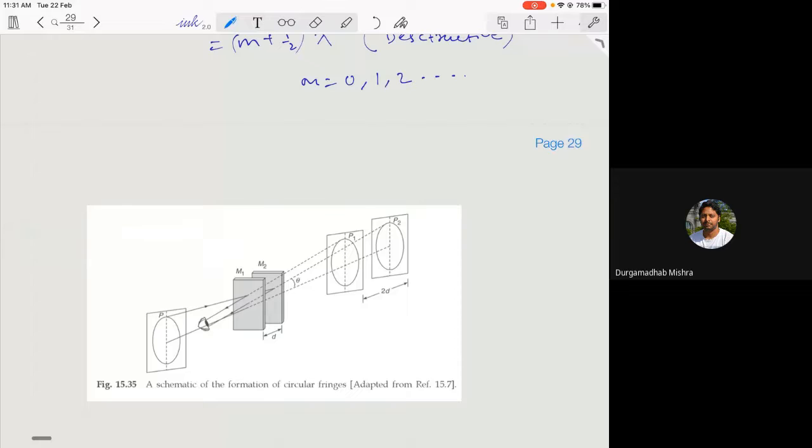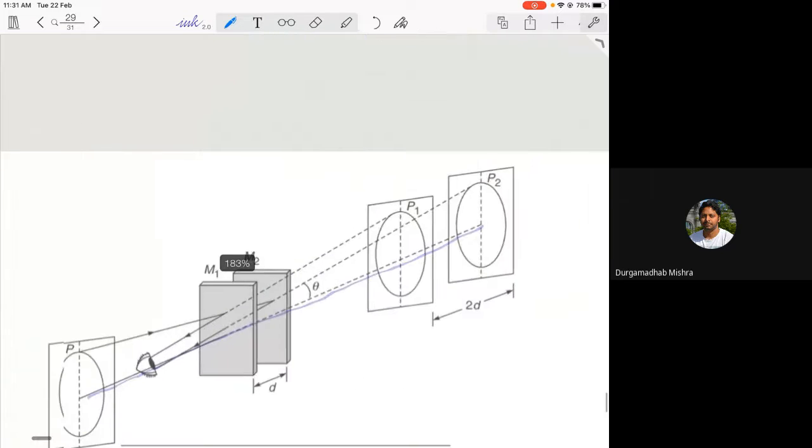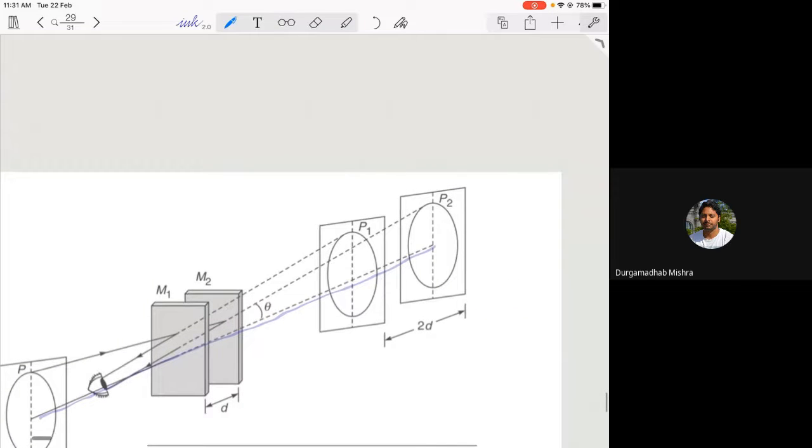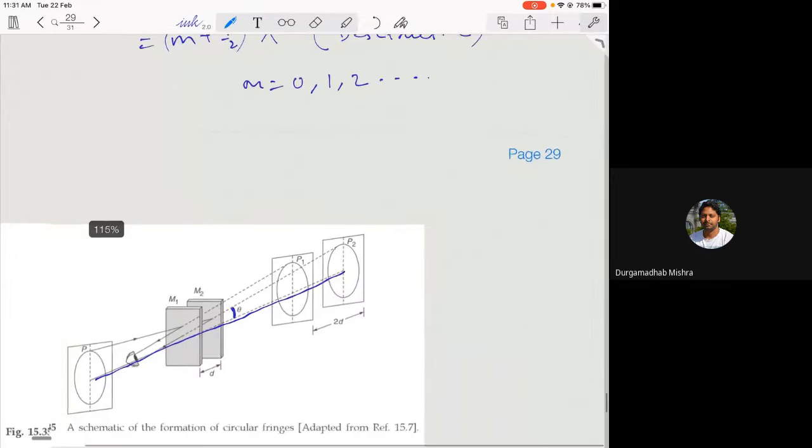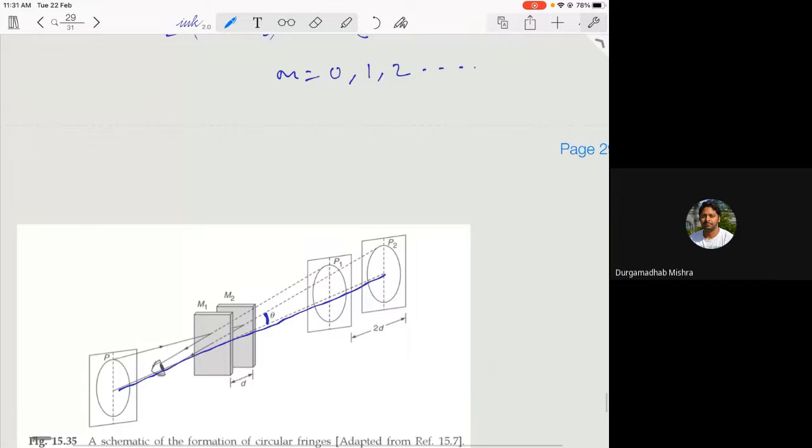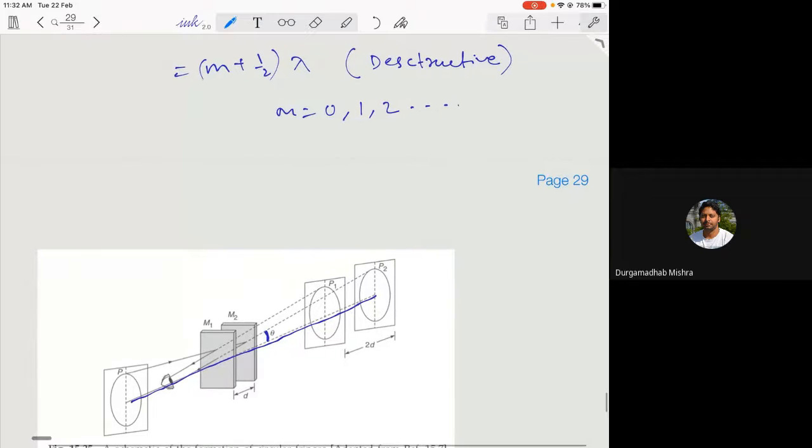So this is your central axis, and this is your theta. Okay, because your path difference depends on this 2d cosine theta, which depends on at what point, so which point you are looking at on the screen.